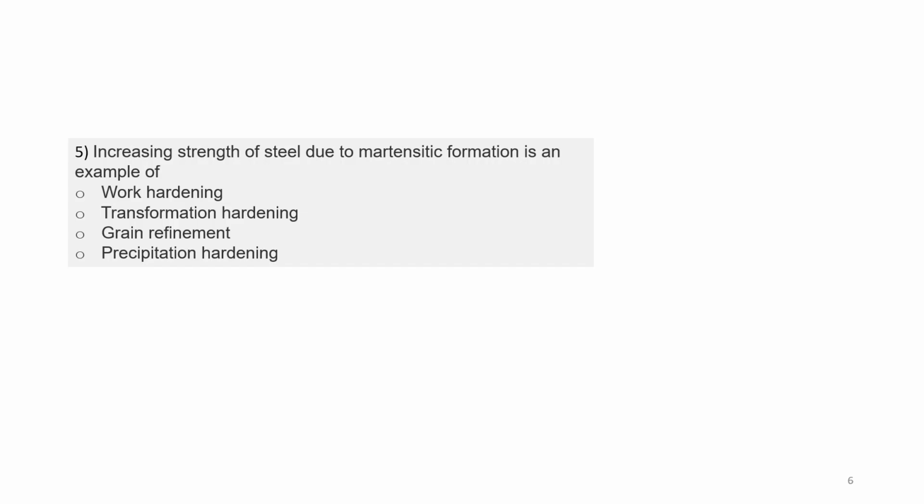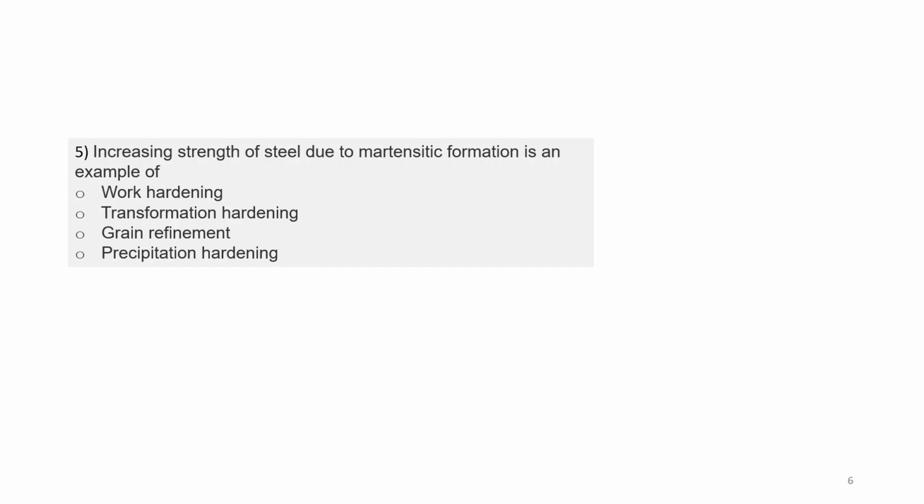Increasing strength of steel due to martensitic formation is an example of work hardening, transformation hardening, grain refinement or precipitation hardening. So what should be the answer? You try to answer. We have studied this multiple times in lecture notes as well.